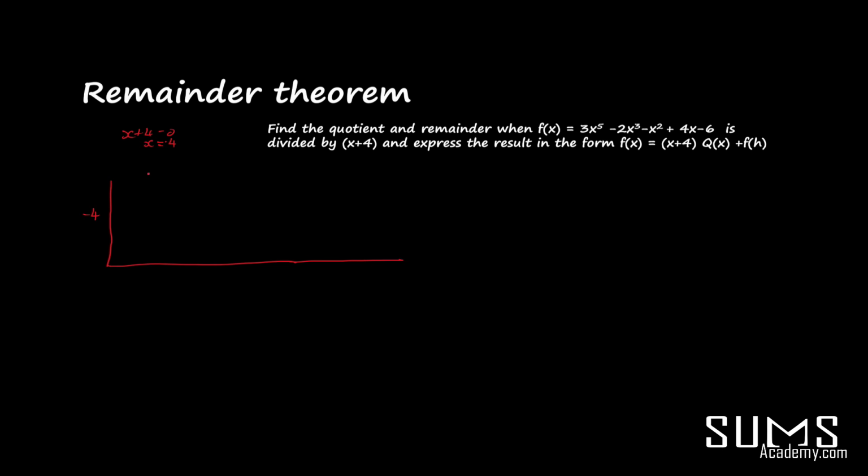Then you have x to the 5, x to the 4, x to the 3, x to the 2, x to the 1, x to the 0. So what are the coefficients here? We've got 3, and there's no x to the 4 term, so that's going to be 0, then negative 2, for x squared it's negative 1, for x it's 4, and for x to the 0 it's negative 6.